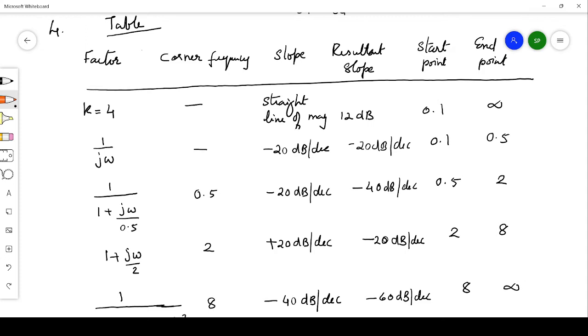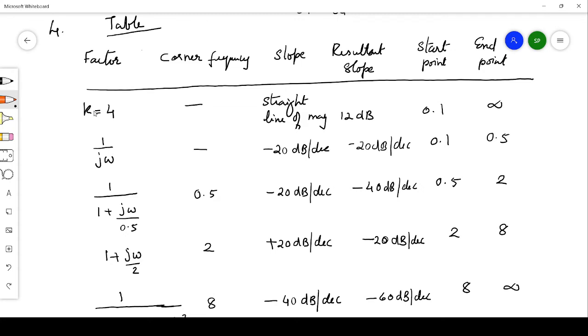Whenever you form the table, make sure the first term is the constant term, if the transfer function has one. The next term should be a pole or zero at origin if present. In our problem, we have a pole present at origin.